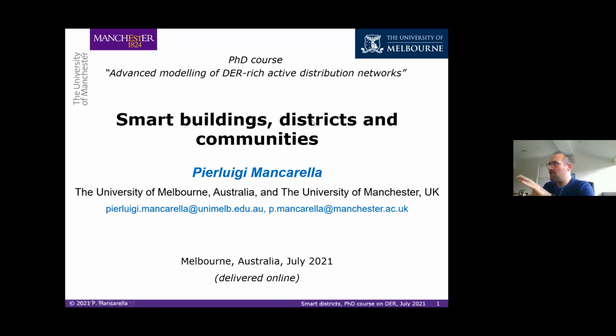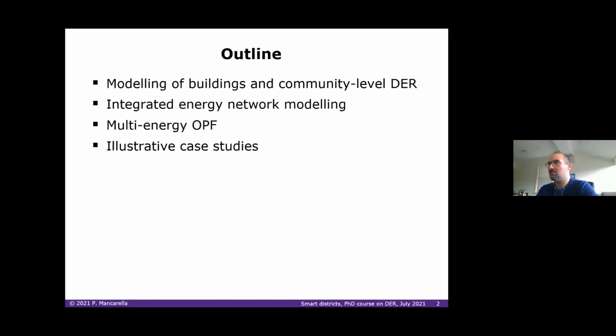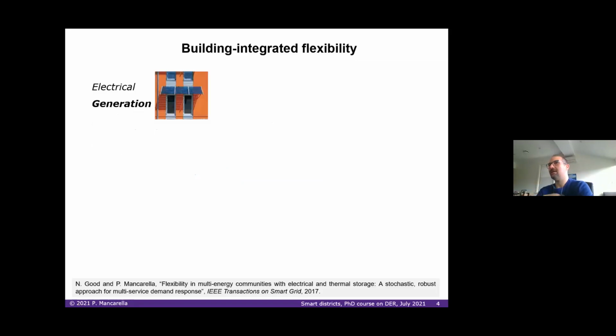And what we're talking about now is more specific about the flexibility coming from buildings, and then when you aggregate this in districts and communities, what kind of benefits and other considerations you need to make. And we will also mention very briefly, because I would like to focus on other aspects, this integrated optimal power flow, where you perform an OPF across different networks, not only electricity.